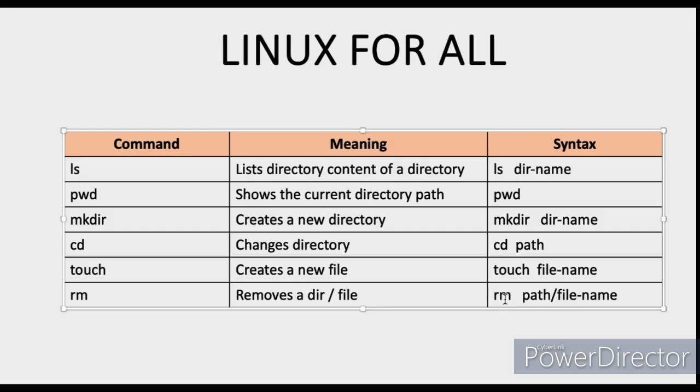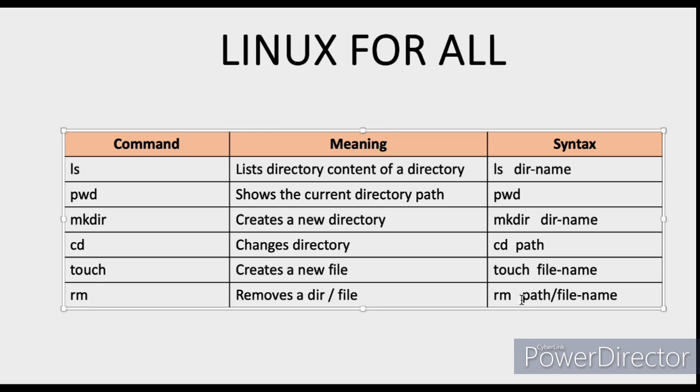If you only do rm and you put the directory name, the system is going to prompt you an error. So to remove a directory, you have to put -r before the directory.